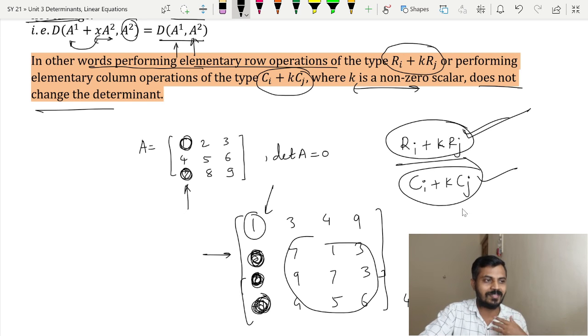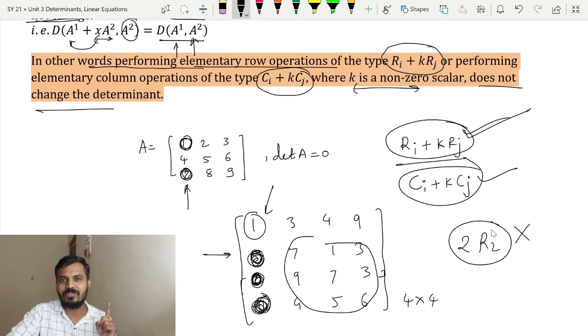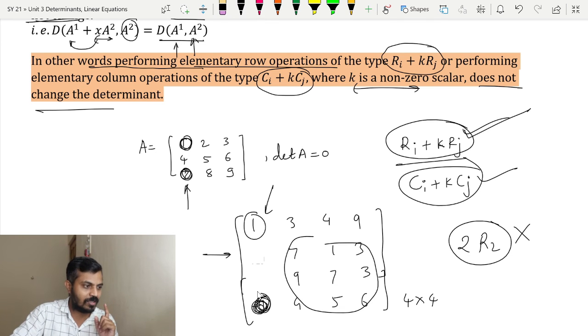You cannot multiply a certain row by some scalar. Let us say 2 multiplied by R2, this operation is not allowed. Remember which operations you have to perform: operations of the type Ri plus k times Rj only. Let me give an example, 5 2 minus 1, let us say. So what operation will I perform? R2 minus 5 times R1, that will make this entry 0.